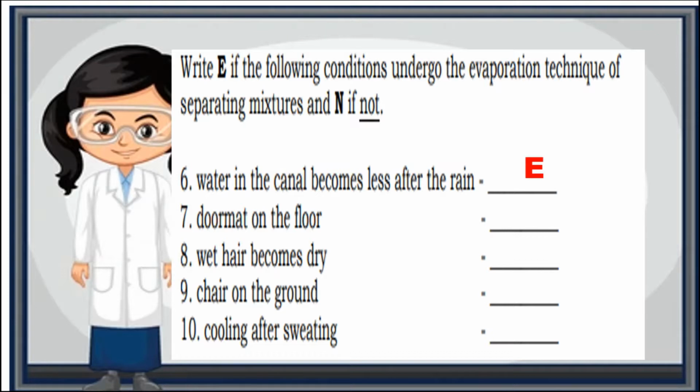Doormat on the floor. Answer is letter N. Number 8. Wet hair becomes dry. Letter E for evaporation. And number 9, chair on the ground. Letter N. And number 10, cooling after sweating. Letter E.